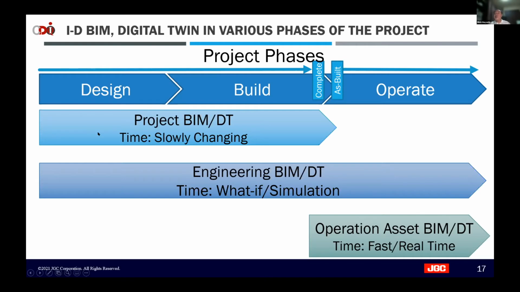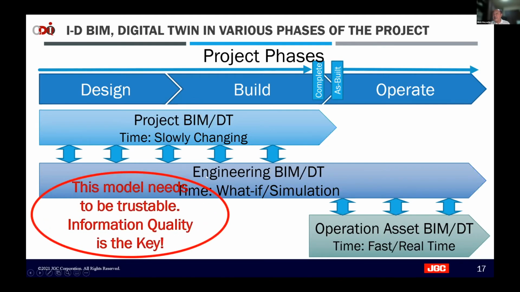And then while we are designing and building a plant, we use project BIM and digital twin, which tracks slowly changing events, right, design change, or equipment is purchased, installed, commissioned, tested. Then operation asset BIM and digital twins are used for operation, of course, which keeps track of the real events, fast and real time. So this engineering BIM or digital twin serves both purposes.